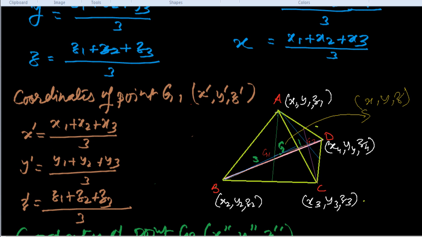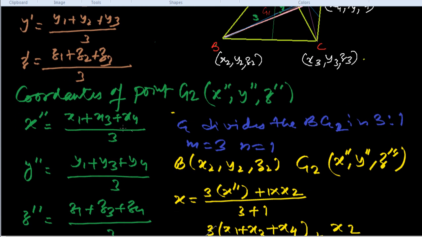And on another face, ADC, we draw one median from vertex C to AD, and another from D to AC, which meet at point G2. This is the centroid of ADC, and the coordinates of G2 are (x double dash, y double dash, z double dash). So x double dash is equal to (x1 + x3 + x4) over 3, and similarly we get y double dash and z double dash.